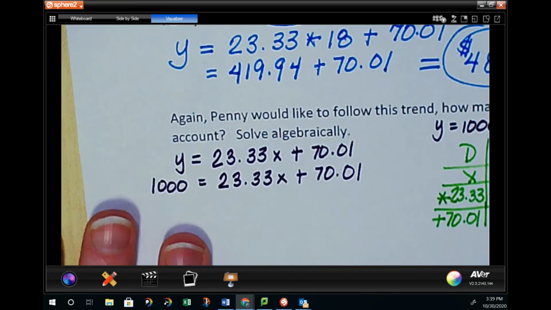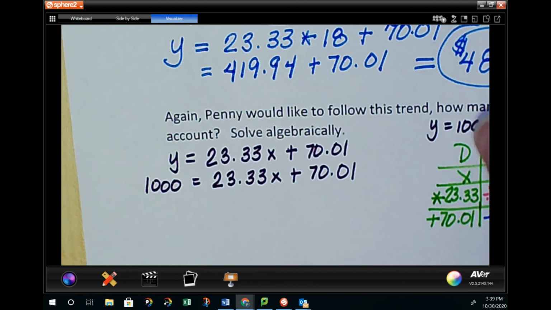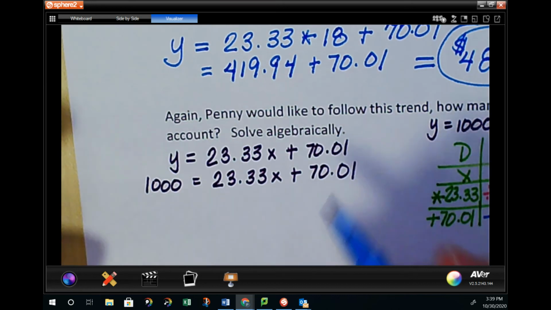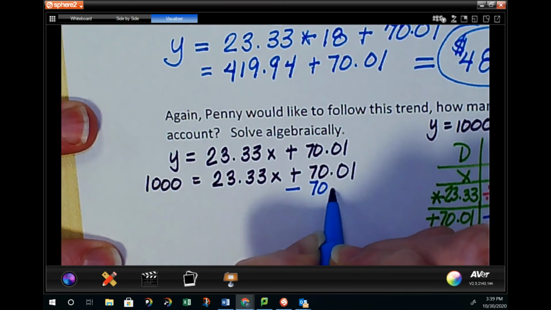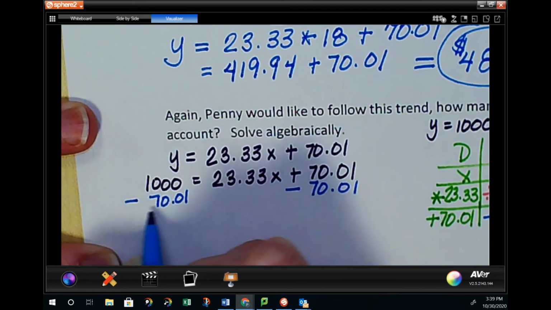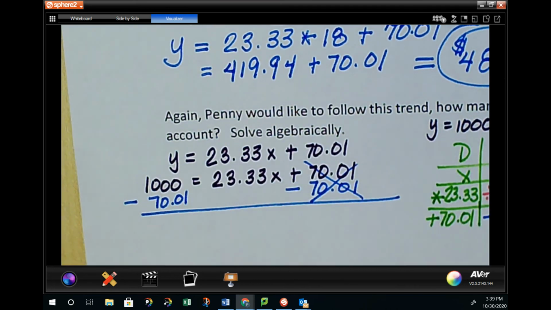With PEMDAS, I'm still picking x, multiplying by 23.33, and adding 70.01. So to undo that, I subtract 70.01 from both sides, and that cancels out.